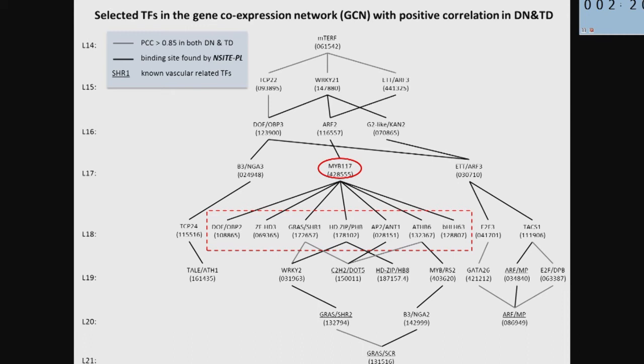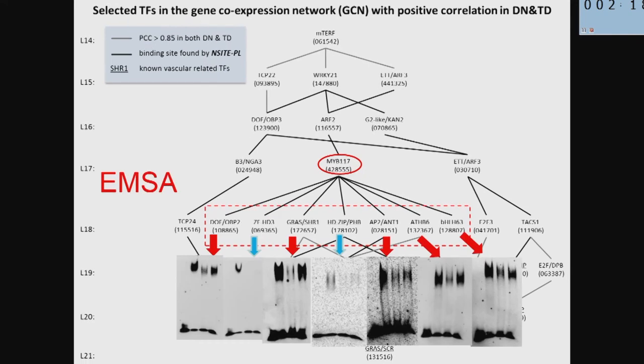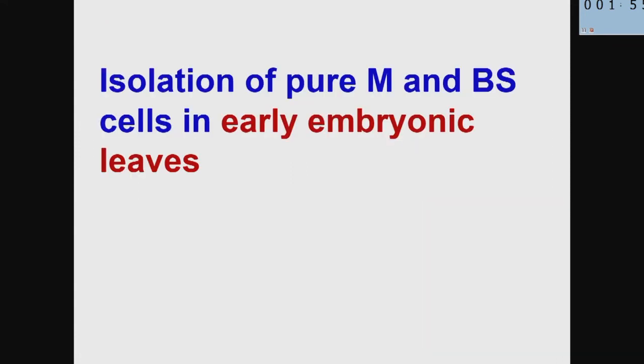So we did EMSA to see if the prediction holds, and 5 of them we could verify, except 2. We don't know why, but we are still trying. So by this kind of effort, we can establish the connection between different layers of transcription factors.